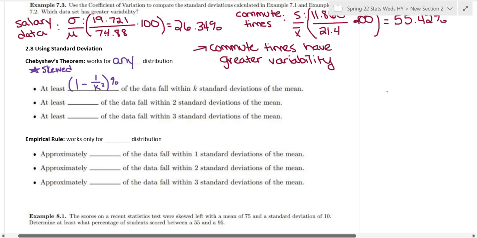If I make k 2, that's 1 minus 1 over 2 squared. Well, 2 squared is 4, so that's 1 minus 1/4, which is 75%. So 75% of data will fall within 2 standard deviations of the mean.